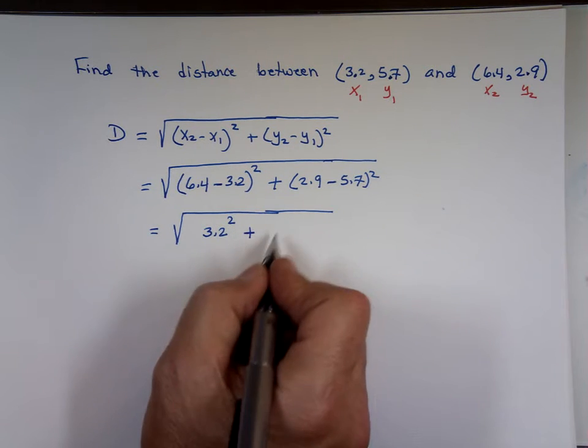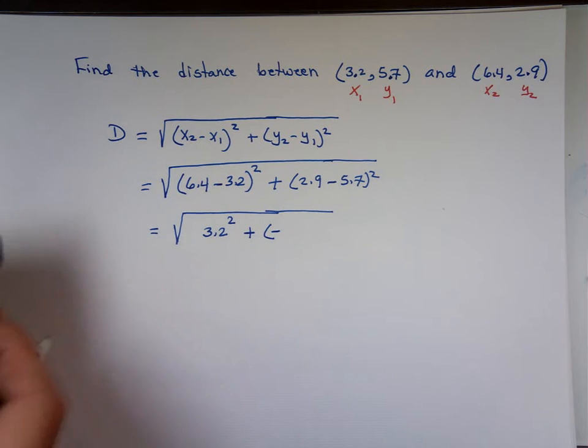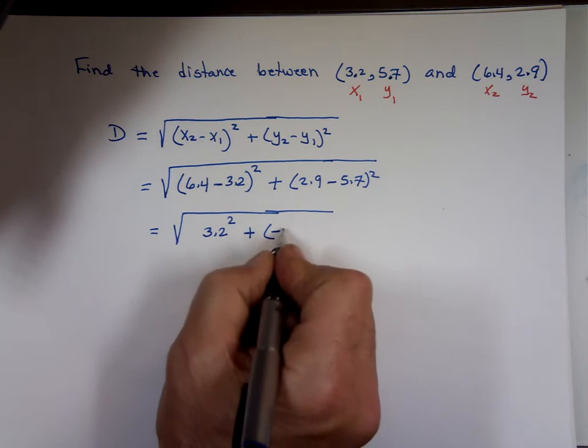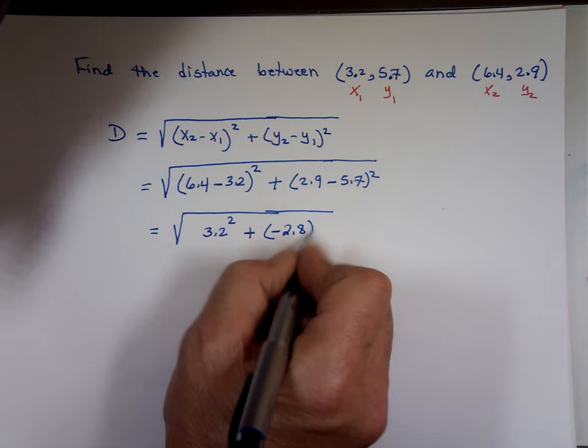That's going to be a negative number. That's negative 2.8 squared.